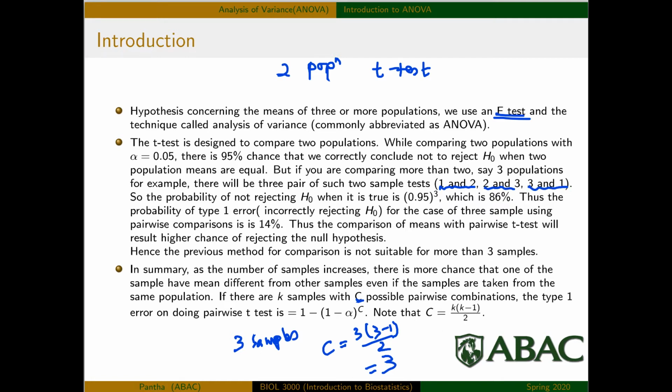So if there are 3 samples, there will be 3 pairwise comparisons, and the type 1 error is 1 minus (1 minus alpha) to the 3. If alpha is 0.05, then 0.95 to the 3, subtracted from 1, gives the type 1 error, which is about 14%.